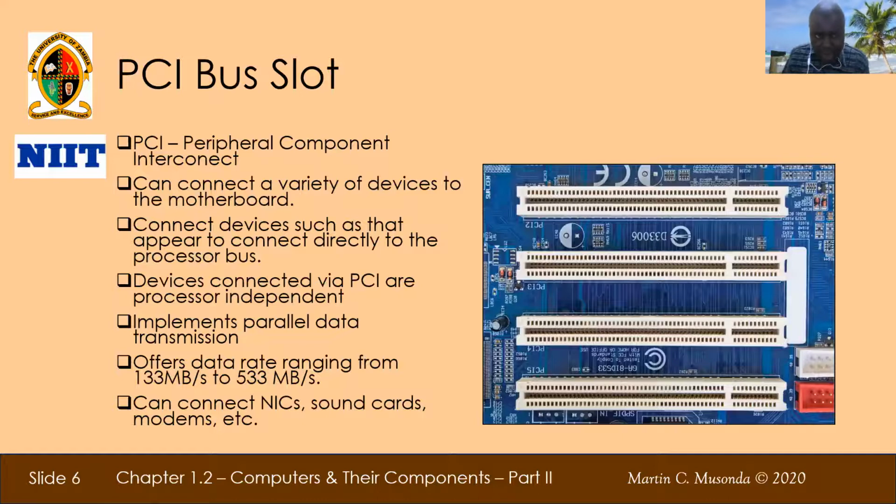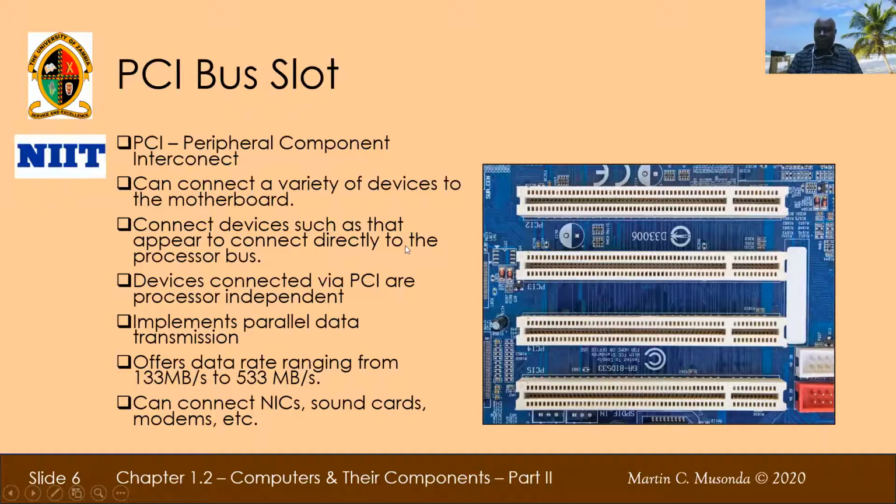PCI bus. PCI, that's the acronym for Peripheral Component Interconnect. This is designed to be used for a variety of devices that need to connect to the motherboard. And as you can see, there will be multiple of them on a given motherboard. Okay.